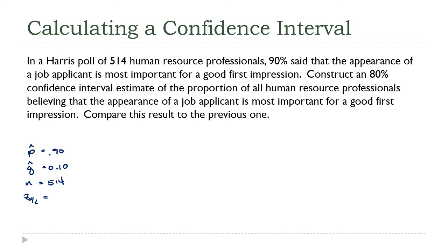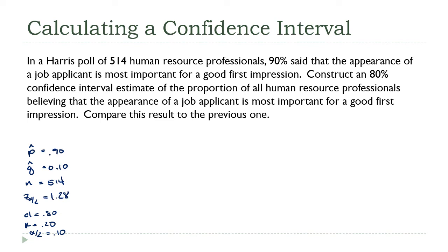If the confidence level is 0.8, then alpha is 1 minus that, or 0.2. Alpha over 2 is half that, or 0.1. That's the number you're looking up in the standard normal distribution table. And if you do that, you should get 1.28 for your critical value.